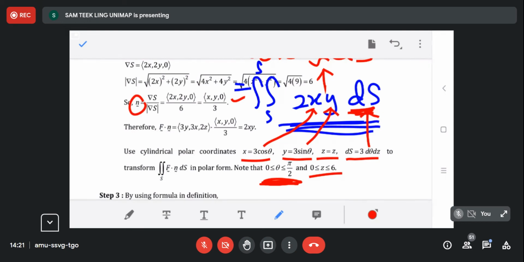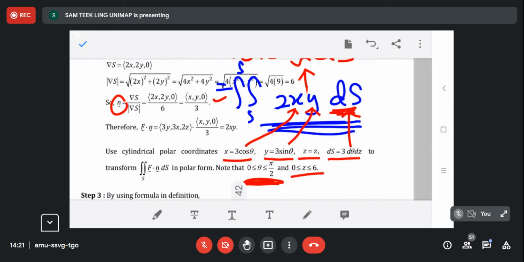So our theta here goes to pi per 2. For a full cylinder, it's 0 to 2 pi for your theta. Your z limit won't change. So don't be confused: the picture of your cylinder will make only your theta limit change. Your limit for z won't change. The question will give you where to where.